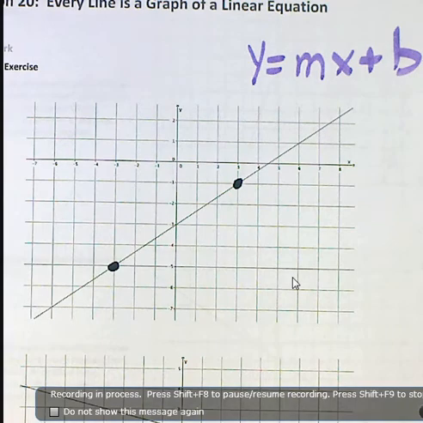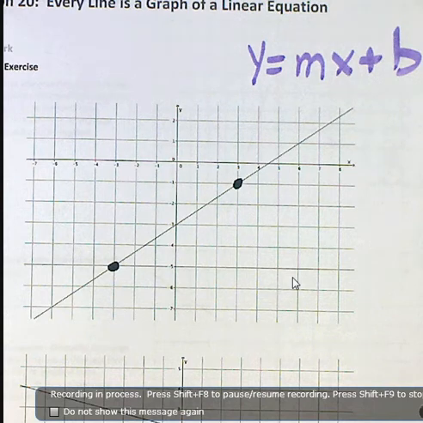So, Anna, when I take a look at slope through the formula that I'm supposed to know, the numerator of my slope is going to be the y change, right? And what's the change in the denominator? The x change.